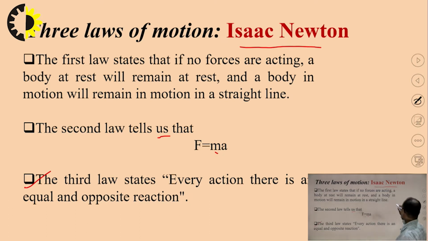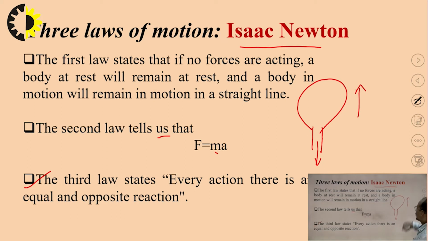You can see in this diagram, if there is a balloon and air flows out in this direction, there is an equal reaction in the opposite direction, and the balloon will move in the upward direction. Similarly, the same concept is used for rocket launching.